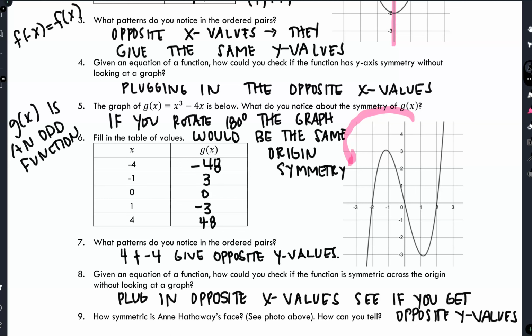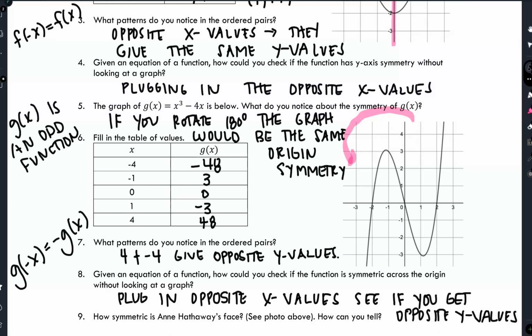So this one is a little different. When I plug in opposites, I'm actually going to get the opposite of what I get if I plug in a positive. So if it's an odd function, you're not going to get the same value, but you'll get the opposite.